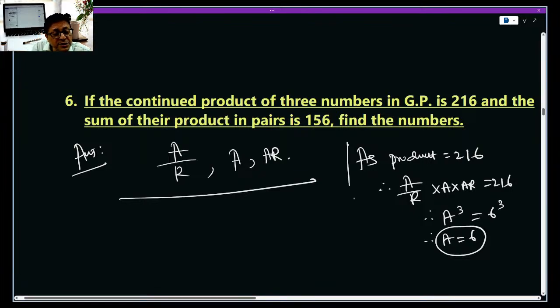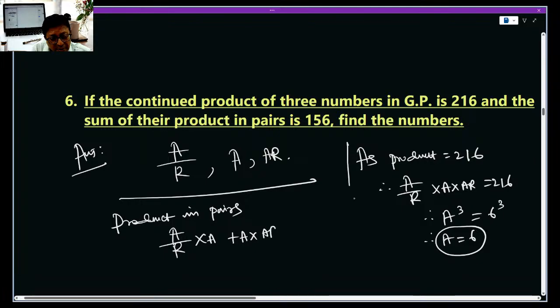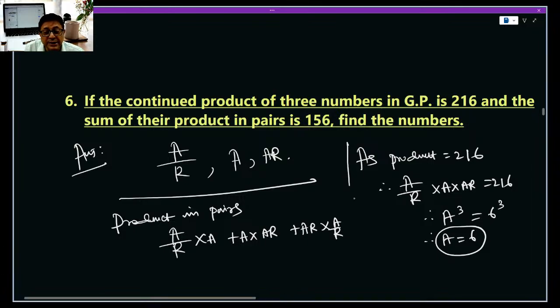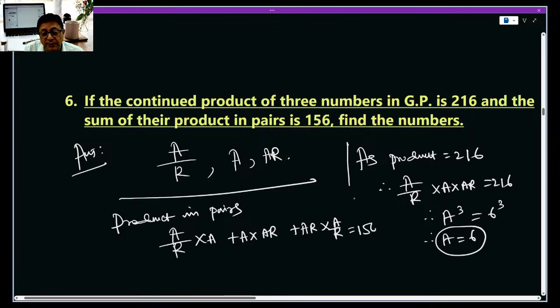Now product in pairs is what? Product in pairs: A by R into A, A into AR, AR into A by R. No other possible product is there. We have taken all the products possible among these three in pairs, and then I am writing their sum equal to 156.